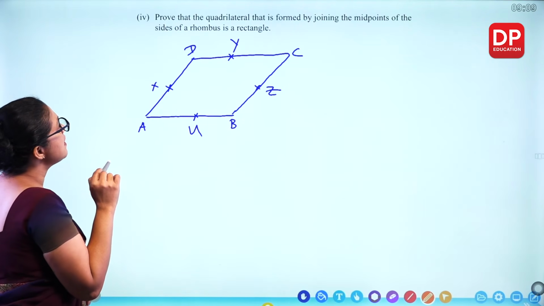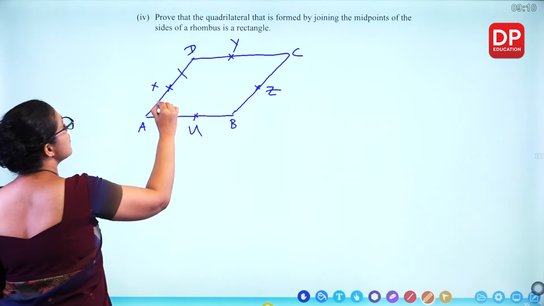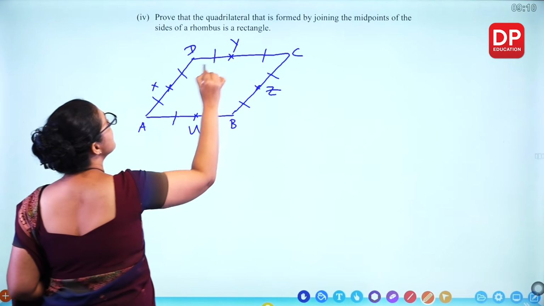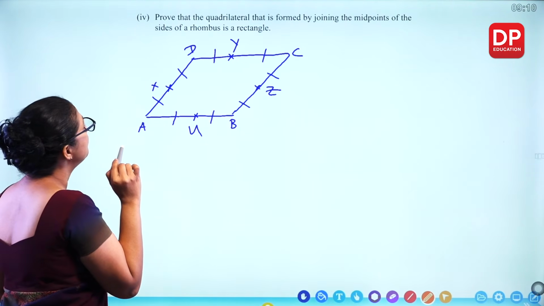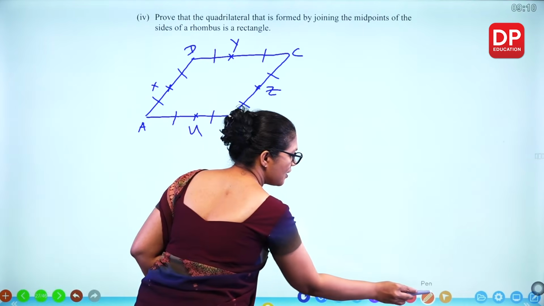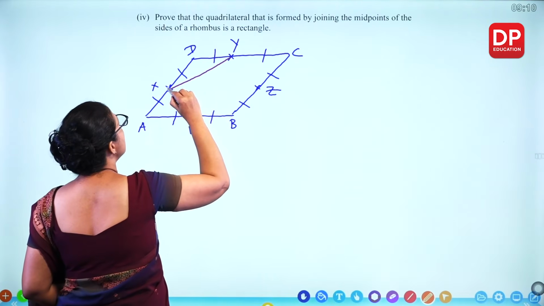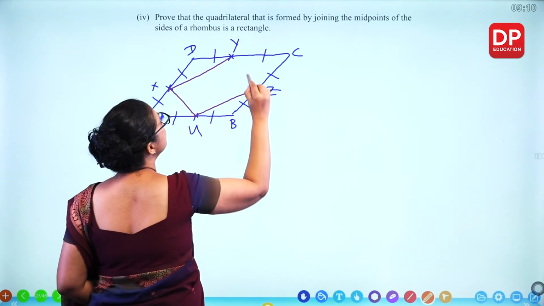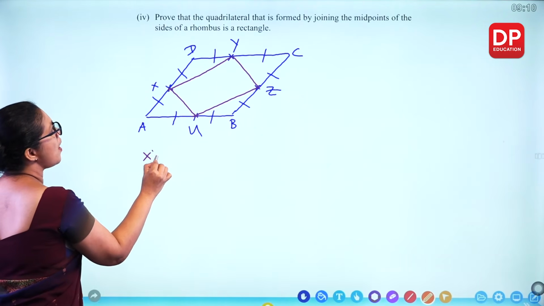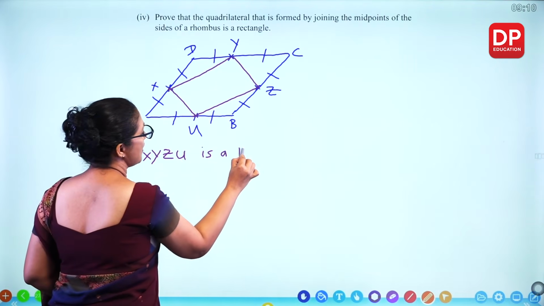This is a rhombus means all sides are equal. So we can say this length is equal to this one. All these lengths are equal, same length. Now, when you take the quadrilateral, from the first step straight away you can write down XYZU is a parallelogram.